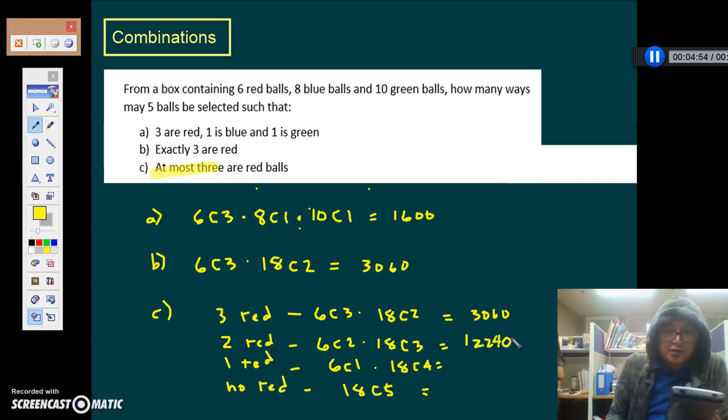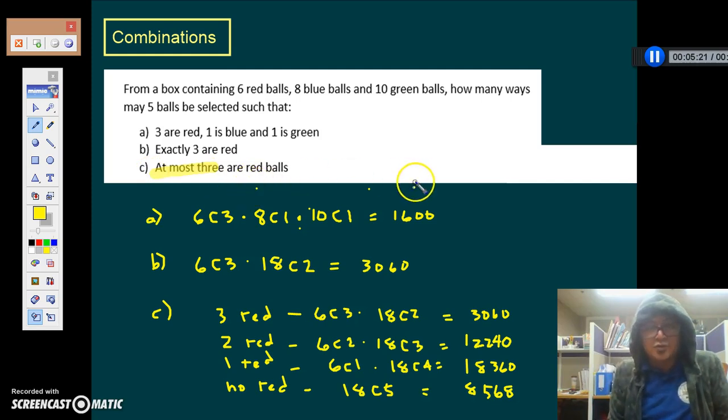Then 6C1 times 18C4 is 18,360, and then 18C5, that's the case wherein we have no red at all. We have 8,568.